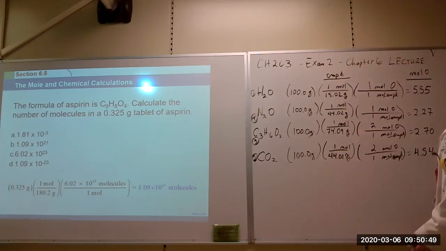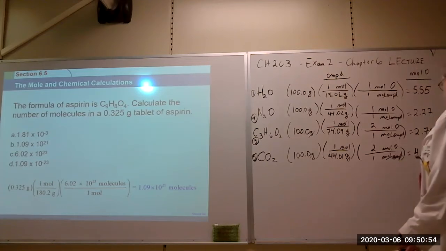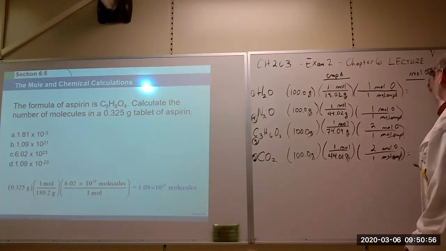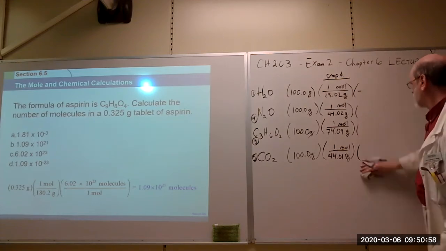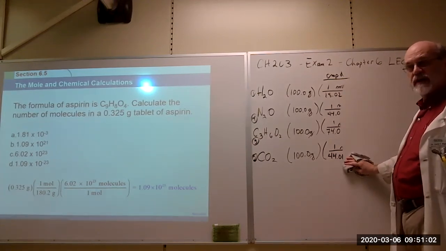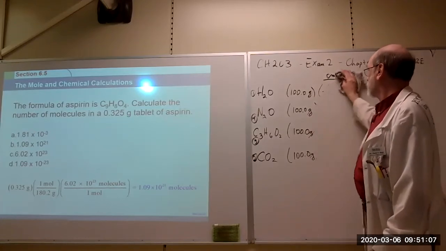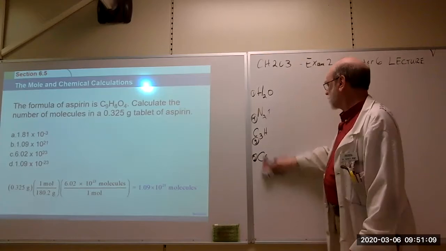Number of molecules in 0.325 gram tablet of aspirin. Does anybody take aspirin anymore? I mean, the full strength. I mean, lots of people take baby aspirin, like I do, to keep your platelets from sticking together.